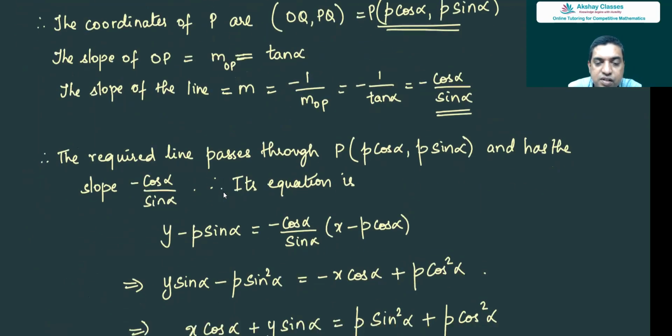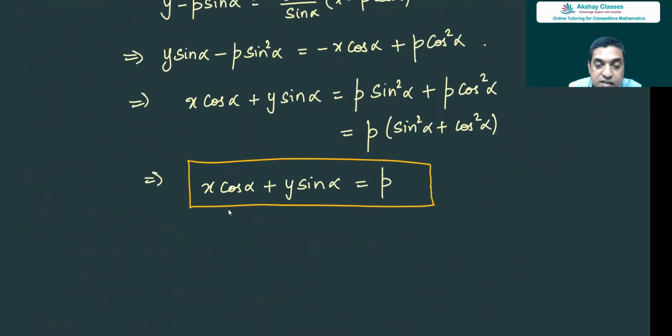So we should understand this alpha is not the inclination of the line, but the inclination of the perpendicular. Okay. So this is x cos alpha plus y sine alpha equal to P. This is the normal form of the straight line. Now the normal form keeps changing as alpha changes.